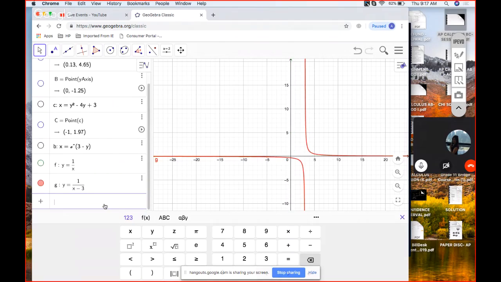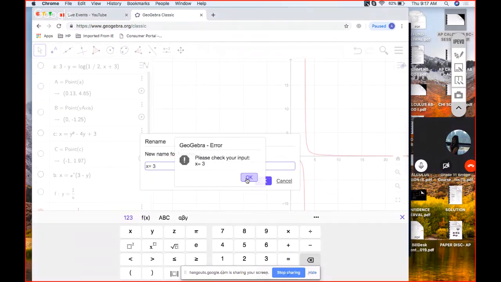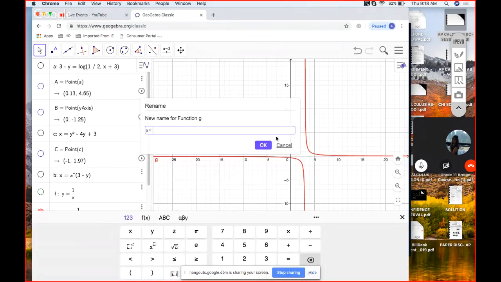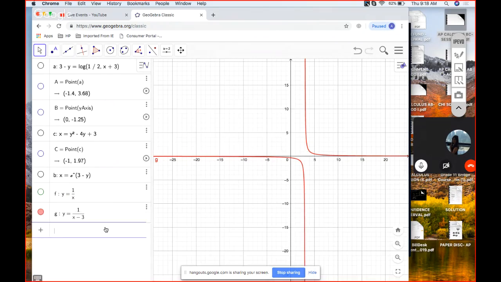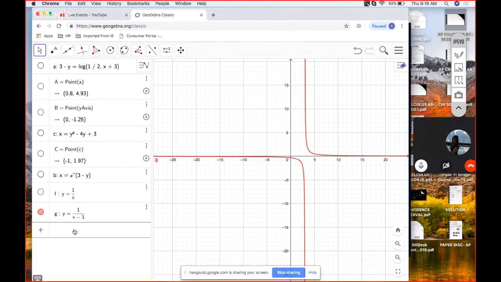As you can see, it has shifted 3 units to the right. You see that? So I'll just show you the asymptote x equal to 3.